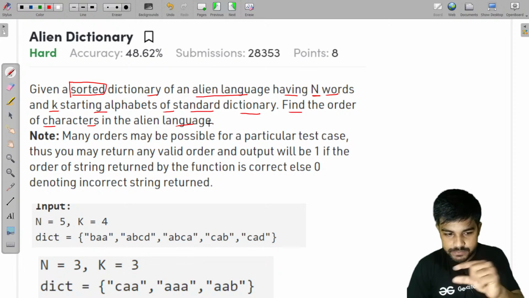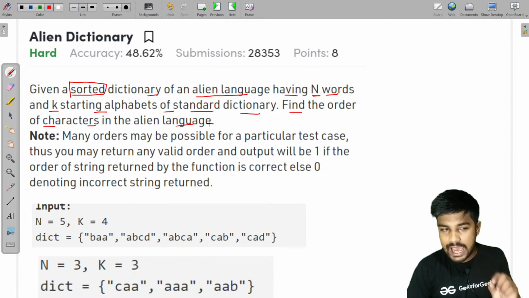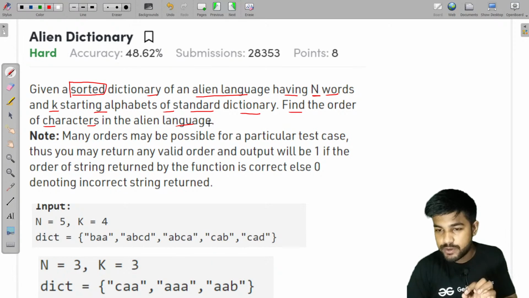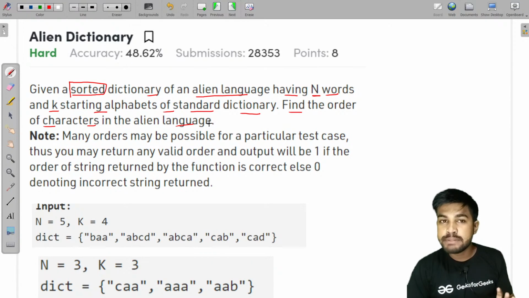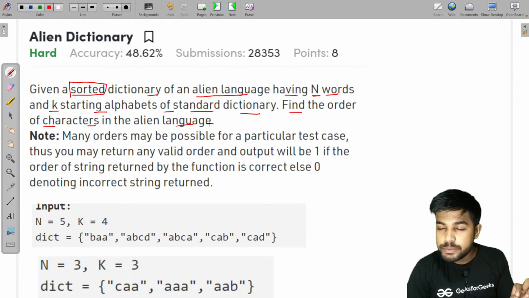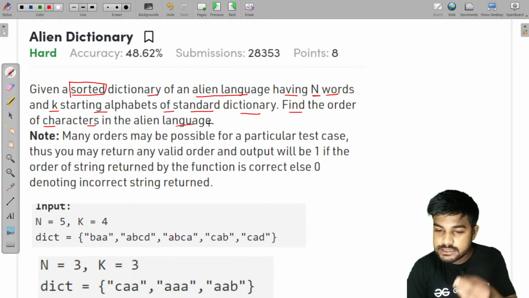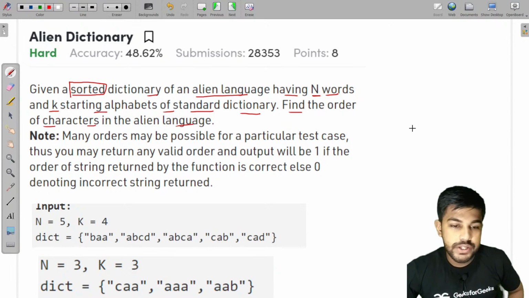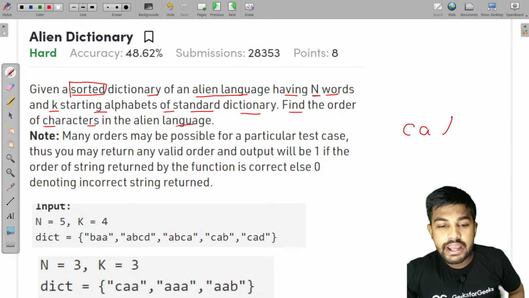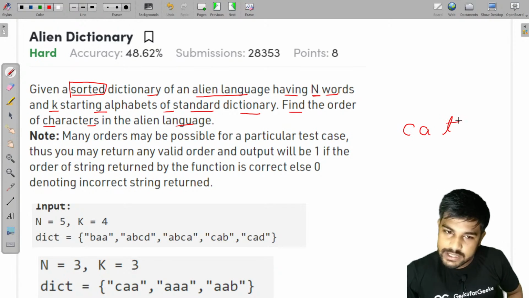The words would consist of the first k alphabets of our language. The pronunciation might be different or the words might be different, but the alphabets would be the same as ours. They would use the same A B C D. In our language, cat means cat only.